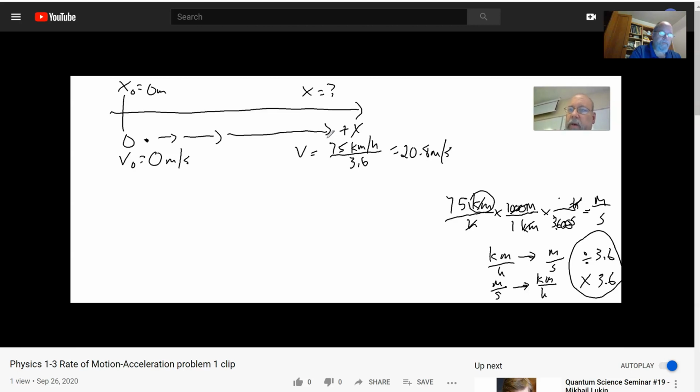And then I need to put in my acceleration. I know acceleration is going to be in the positive direction because my arrows for velocity are increasing in length in the positive direction as well. So I'm going to say a equals, but I don't know what it equals because that's what I need to find, right?